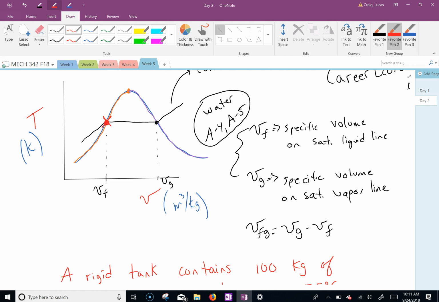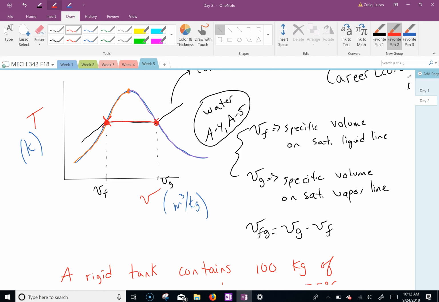Saturated temperatures and pressures. So anytime you're from here to the right to here, the temperature, if you notice, is a perfect horizontal line. That means it's the same. It's called the saturated temperature. And this, we already said, was one constant pressure line, so the pressure is constant.